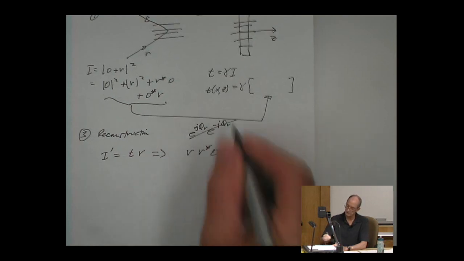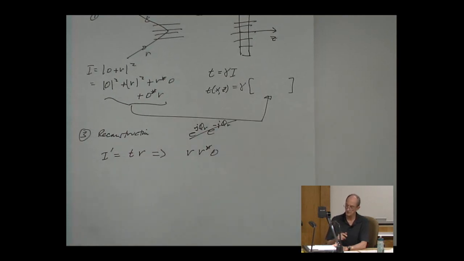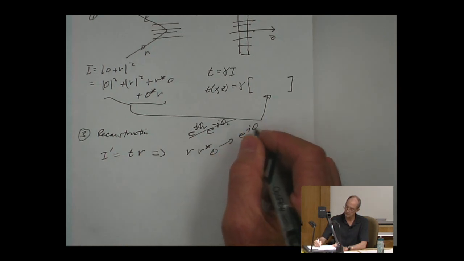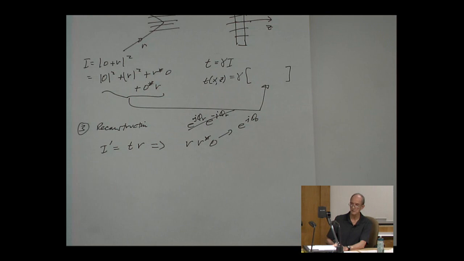So these phase terms cancel, and we're left just with e to the j phi o, which is the original object field.